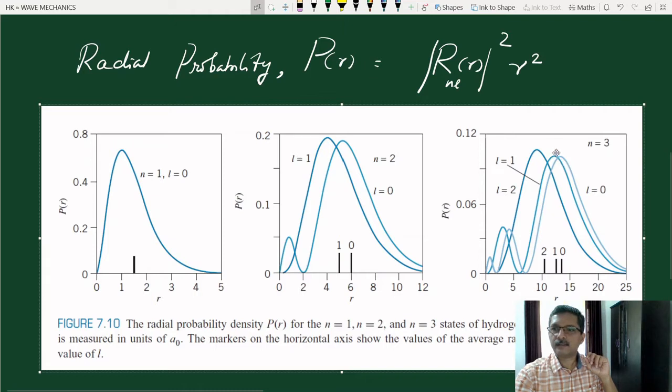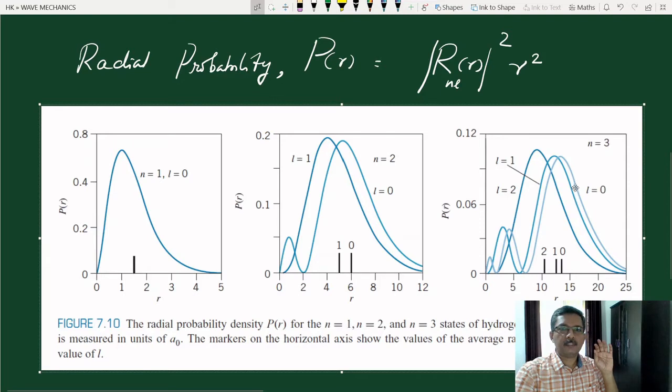Then the slightly darker blue is for the 3p state, and the darkest blue graph is for the 3d state. For n equal to 3 we label them as the 3s state, l equal to 0, the 3p state, l equal to 1, and the 3d state, l equal to 2.